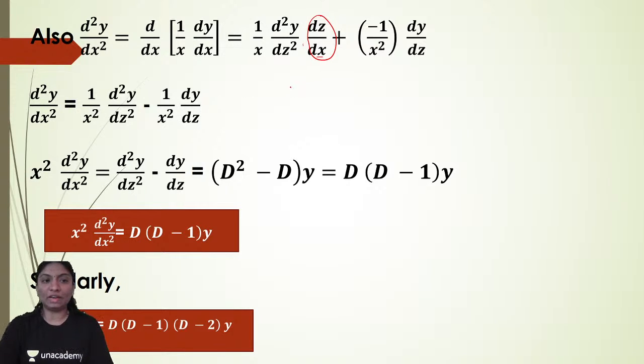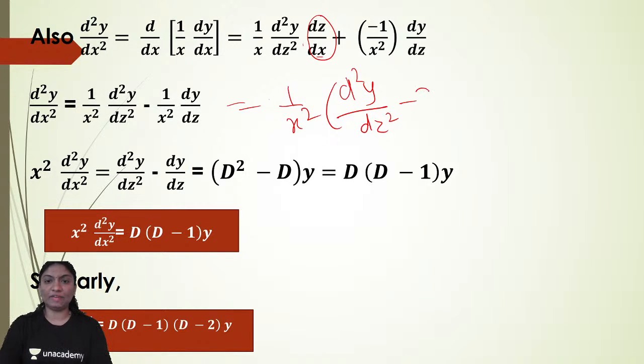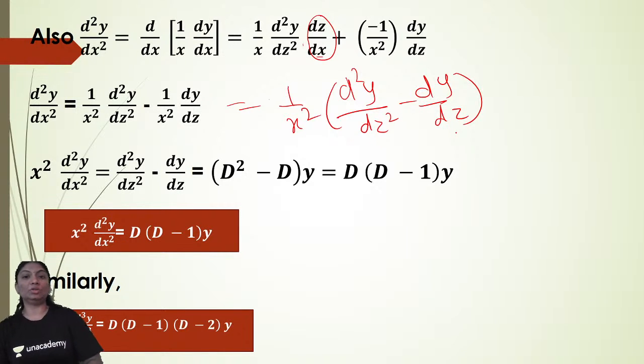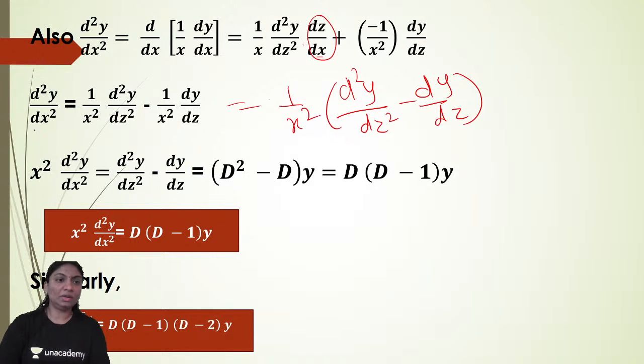We will take 1 upon x square common, so you will get 1 upon x square into bracket d2y by dz square minus dy by dz. Now I am transferring this x square to the LHS. So x square into d2y by dx square is equal to d2y by dz square minus dy by dz.